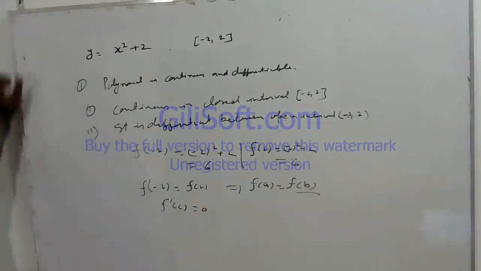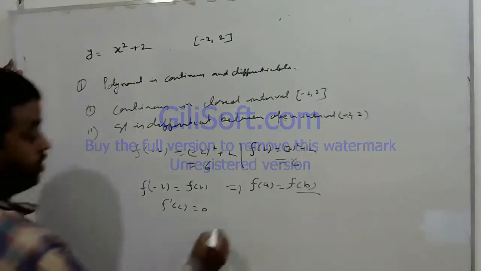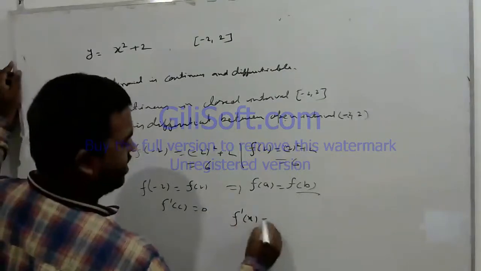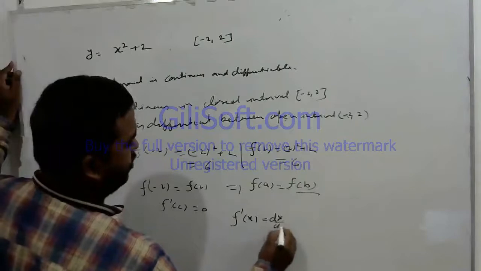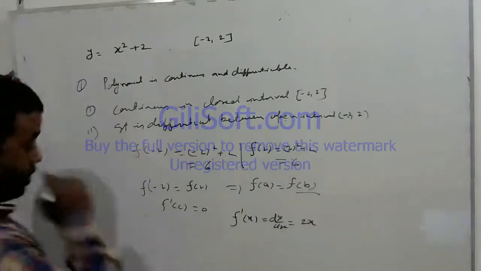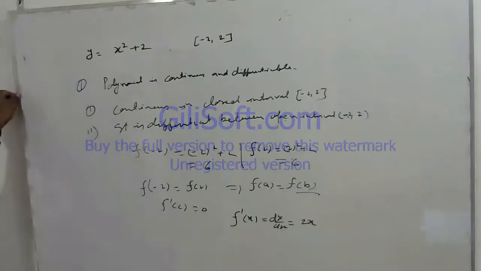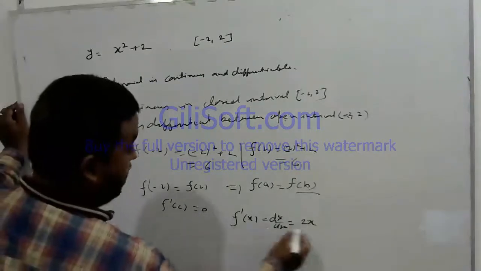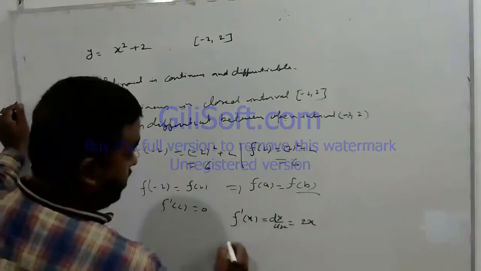So first differentiate the given function. This is f dash x, or you can say dy by dx, both are the same thing. This is equal to 2x. So according to this, let us suppose there is a point c where f dash c is equal to 0.